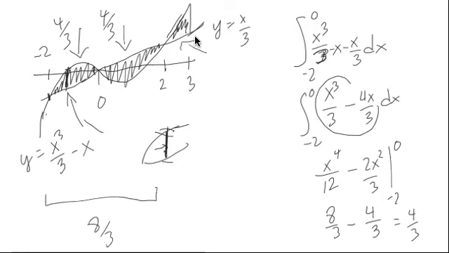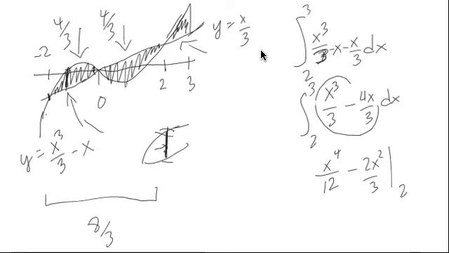Next, let's find the area of this part up here. Notice that we just switched the bounds. We have the same top function and bottom function, so we can just change our bounds right here from 2 to 3 from our calculation over here where we have top minus bottom. So we could preserve that.